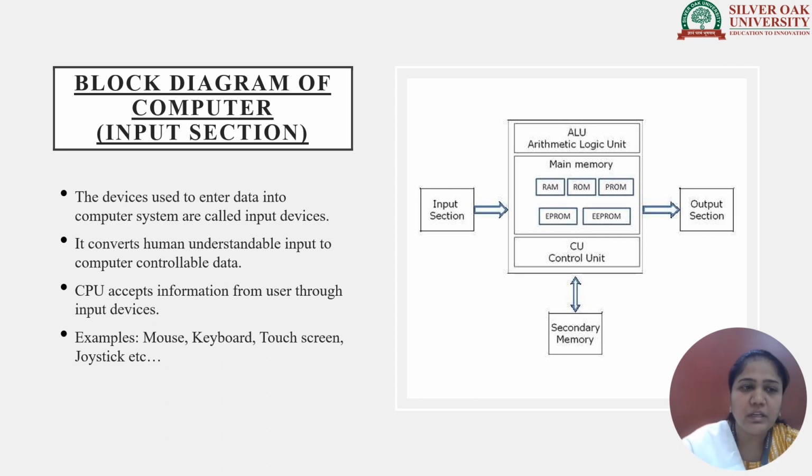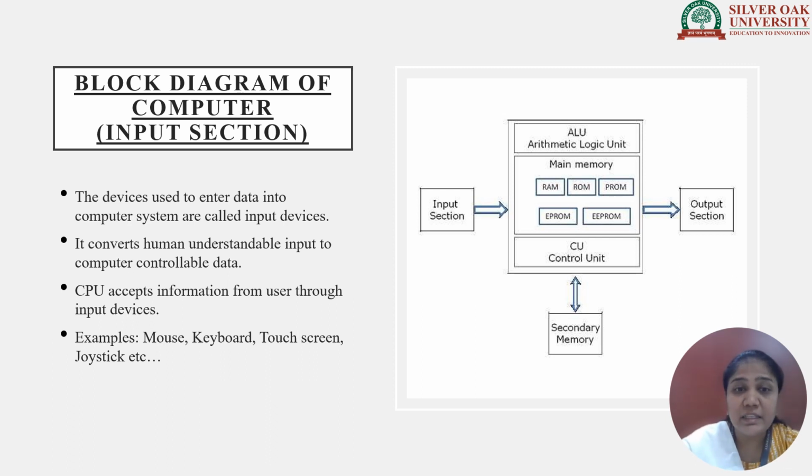The input unit comprises different devices like the mouse, keyboard and scanner, which are nothing but input devices. Using these devices, we are providing information to the system. Then the system processes it and the data comes out with the help of the output section.